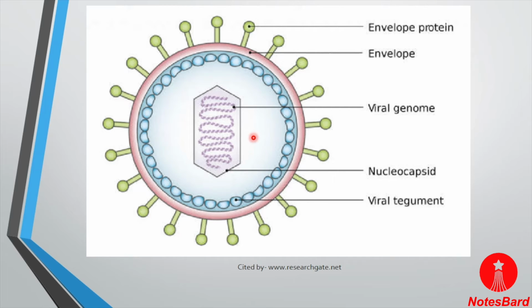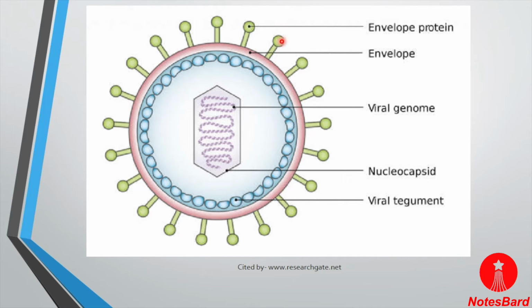Now this nucleocapsid is followed by viral teguments, which are also made up of protein, and they are surrounded by an envelope which contains lipids and also proteins. Here we can see the envelope, and the envelope proteins are also called spikes.